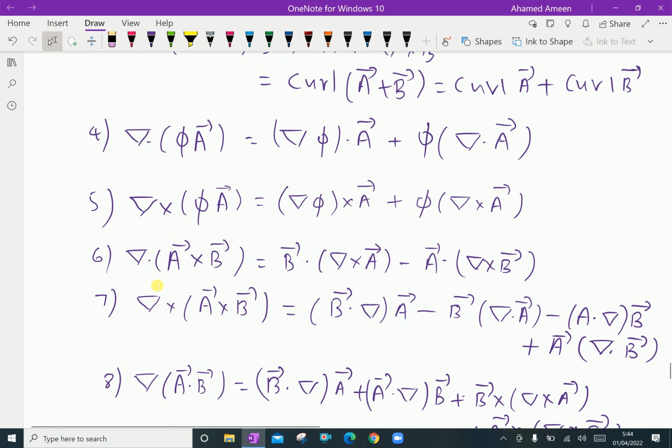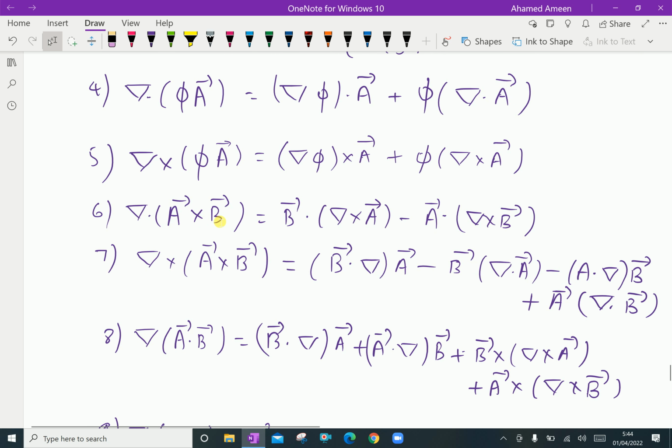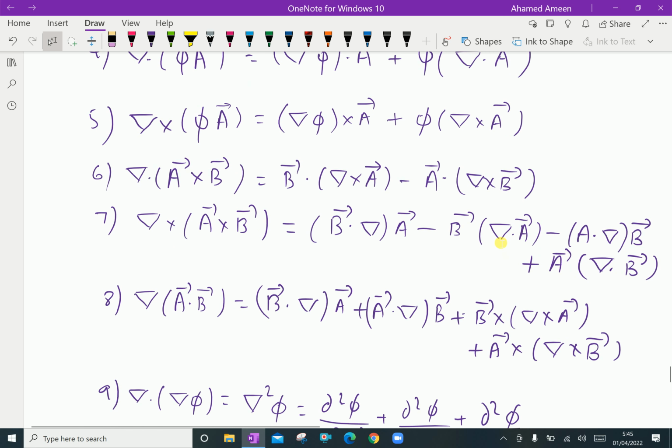Here, delta dot A cross B, where the order changes, is B dot delta cross vector A minus vector A dot delta cross vector B.